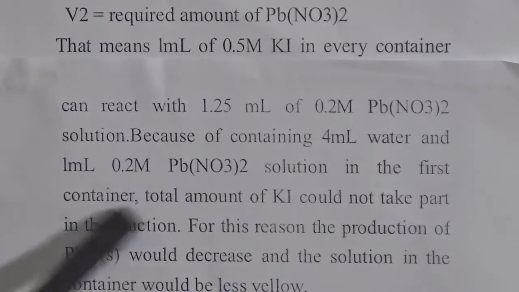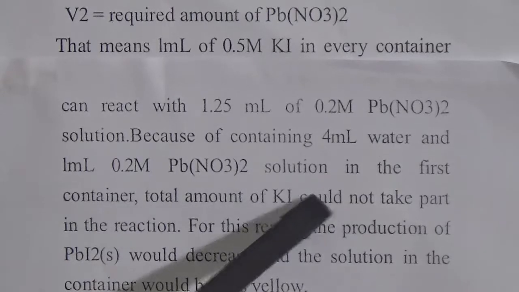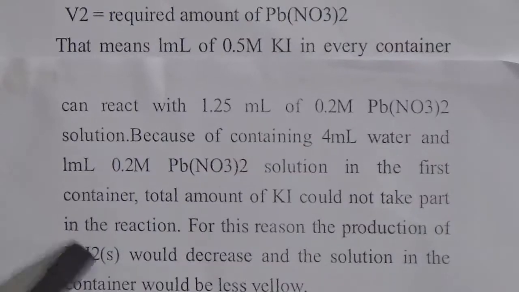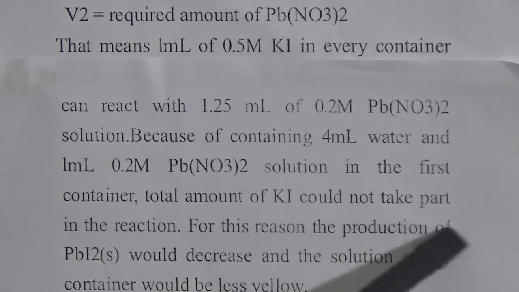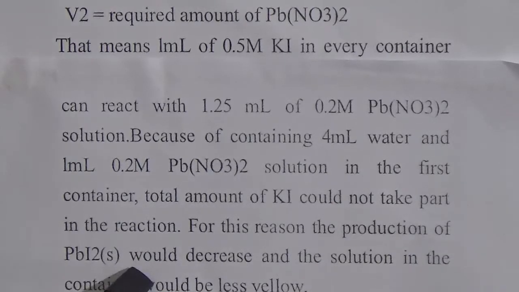The total amount of potassium iodide could not take part because it needs 1.25 ml of lead nitrate, but in the first container we provide only 1 ml. For this reason the production of lead iodide would decrease and the solution in the container would be less yellow.